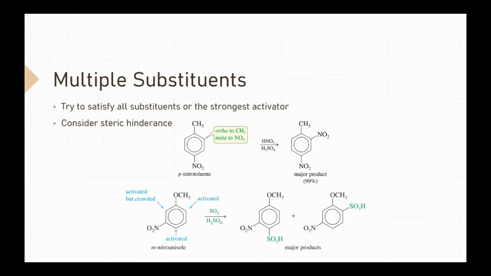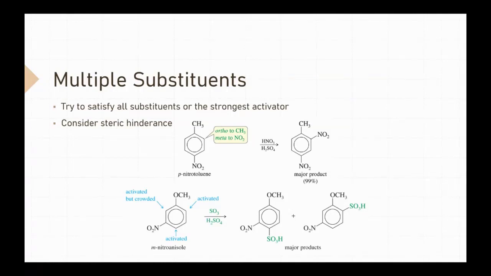Now for this one, we have a withdrawing group and a donating group. Because this is a donating group, it will try to satisfy this substituent, so ortho-para. So here, you can attach here, here, or here.